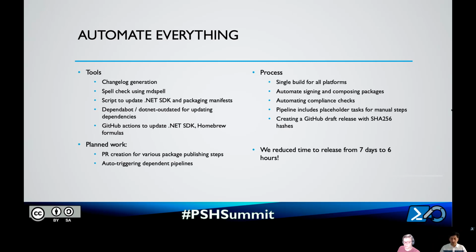We had to automate signing. At this point that seems obvious, but it's something we had to do at one point. Automate all the compliance checks. We're at a big company with a lot of compliance rules, and automating those things took quite a bit of time.